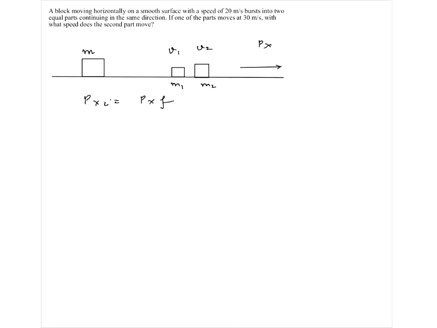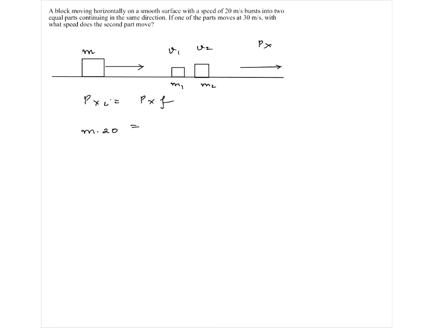What is Pxi? Mass of the block into 20 on the right side. Right side I am choosing as plus x. Final, we will have to consider both fellows, M1 V1 plus M2 V2.